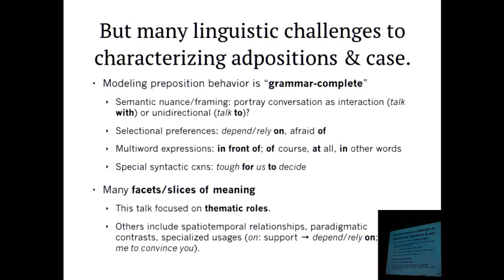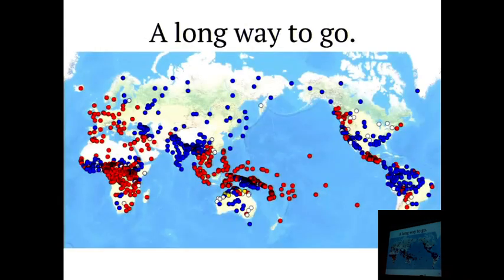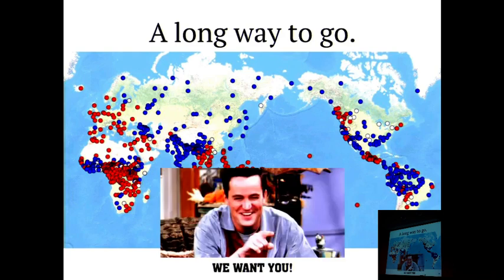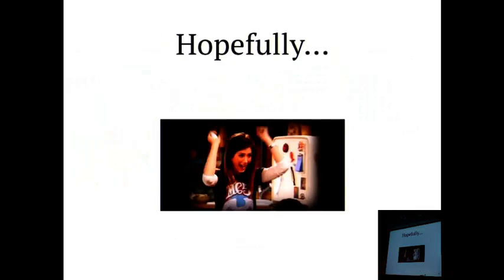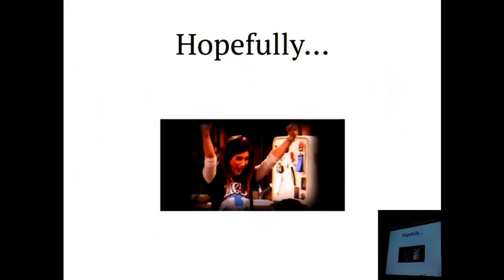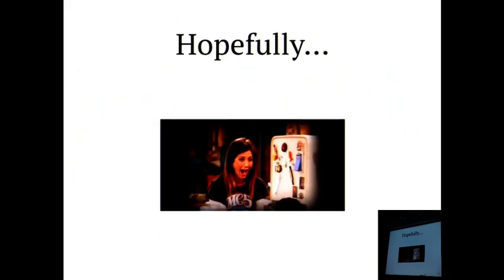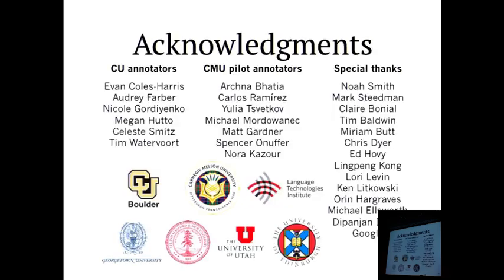We've focused on the thematic role dimension. There's a long way to go before we'll have covered even a handful of the many languages in the world. So we want lots of help in doing that. And hopefully, eventually, we'll be able to say we have solved, or at least made headway on, preposition semantics.